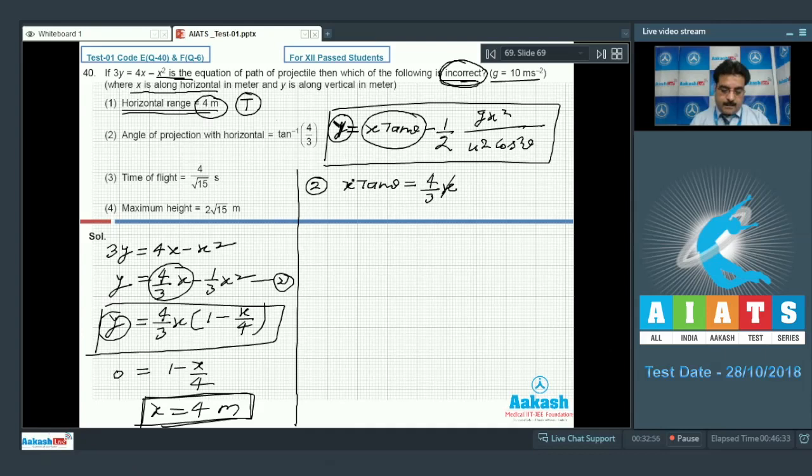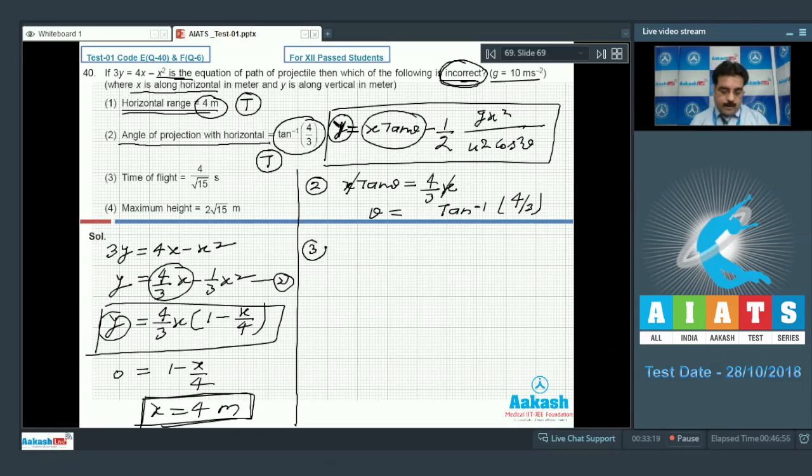So x will cancel out. So we can say theta is tan inverse 4 by 3, and this is the angle of projection. So in option number 2, angle of projection with the horizontal is tan inverse 4 by 3. So this is also a true statement. But I need the incorrect statement.